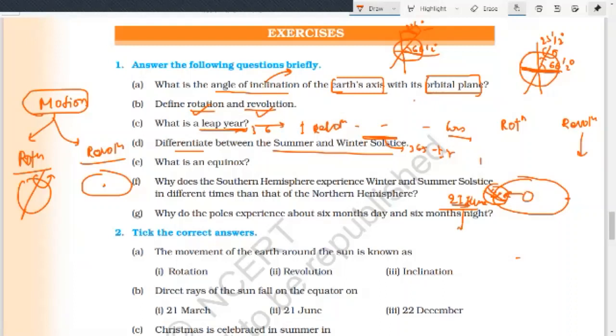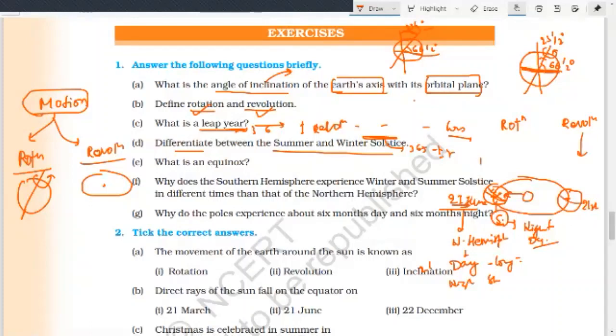So in the northern hemisphere there is summer solstice: on 21st June the day is the longest and the night is the shortest. But in the opposite hemisphere, the southern hemisphere, the opposite happens: the night is longest and the day is shortest.